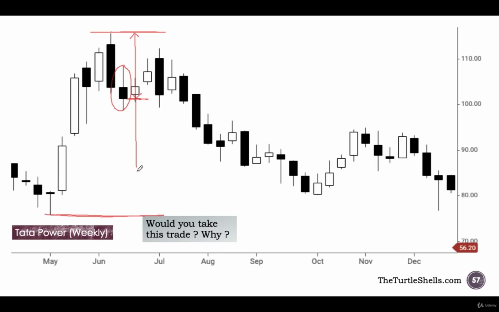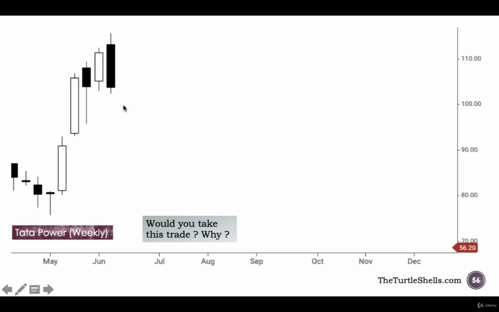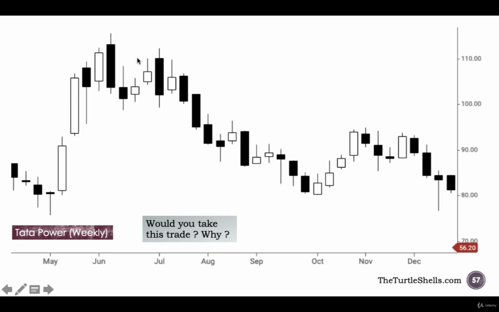So if I draw this reward, I think I have a 2:1 trade here. If I draw the midpoint, that's 2:1. So that would become a 2:1 trade. So if I were to take this trade, I would wait for that next candle to appear, and I would take that only if the reward to risk is in my favor, which is minimum 2:1.